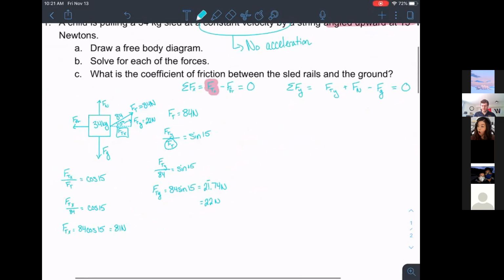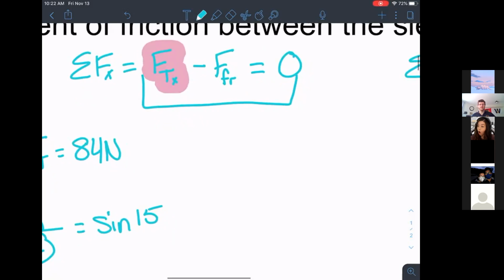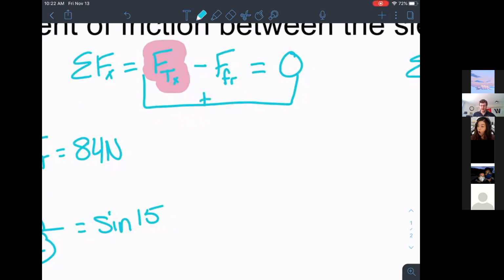All right, so then we're going to go back to this lovely equation and set it up now. Can I get my force of friction by itself in this equation? No. Can we just add it to 0? All right, so let's just add it to the other side. So I have my force of tension in the x direction equals force of friction.